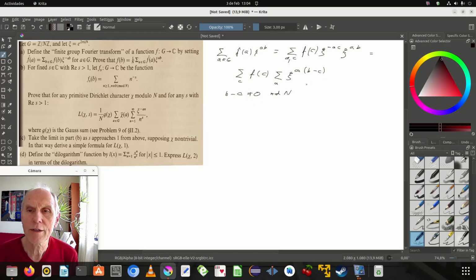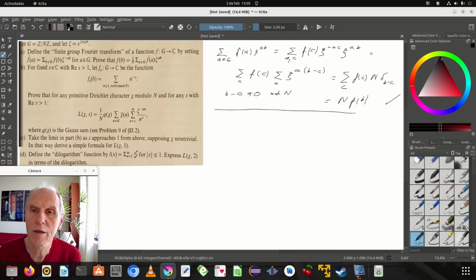So we only get a contribution when b equals c. And then it's n delta b minus c. So that gives n f of b as it should.